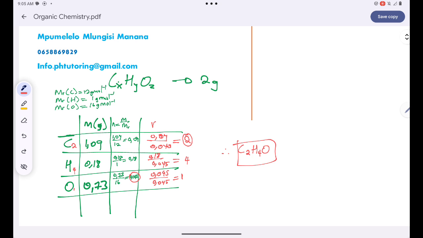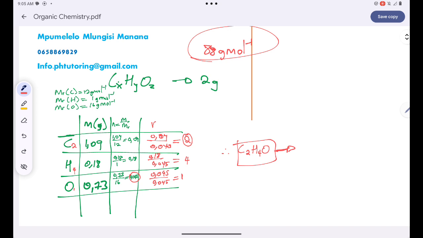And I was told that the molecular mass for my molecule is 88 grams per mole. If I'm given this, I must find the molecular mass of my empirical formula and compare it to the one that I'm given. If they are the same, then my empirical formula is the molecular formula.